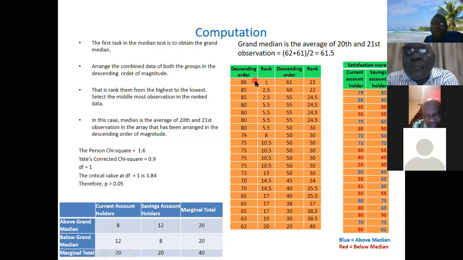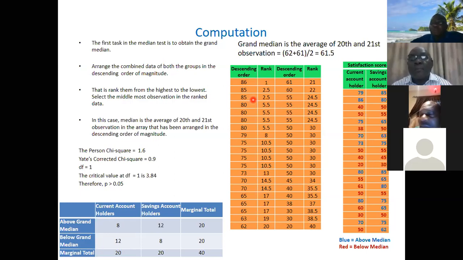Now, if you arrange, you know there are 20, 20. 20 plus 20 is 40. So if you arrange 40, which one will be in the middle? It will be number 20 and 21. If, let's say, they are 41, number 21 will be the middle. But because it's an even number, 40, the middle will be 2 values.